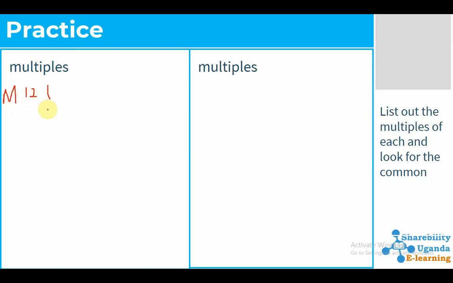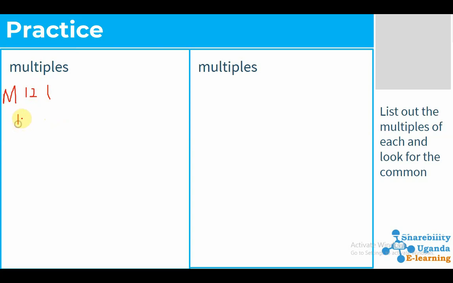Using our same concept, a multiple of a number is the number given times another number which is greater than 0. Those numbers which are greater than 0 are the ones we are going to multiply by our 12.